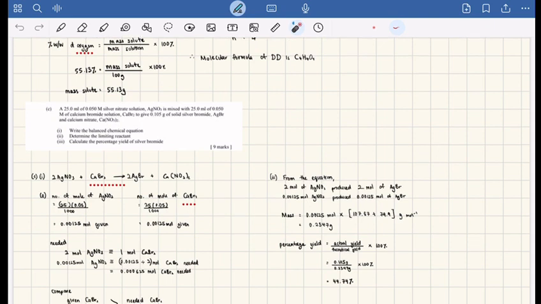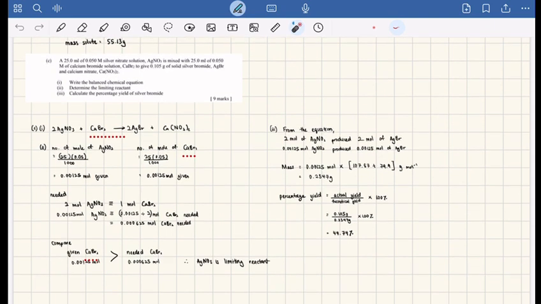Okay, now we'll proceed to C. 25 milliliters of 0.05 M silver nitrate solution is mixed with 25 milliliters of 0.05 M calcium bromide solution to give 0.105 gram of solid silver bromide and calcium nitrate.